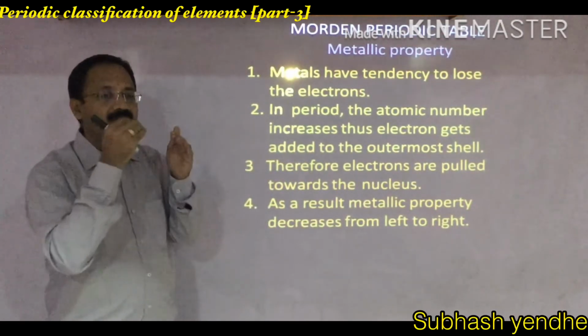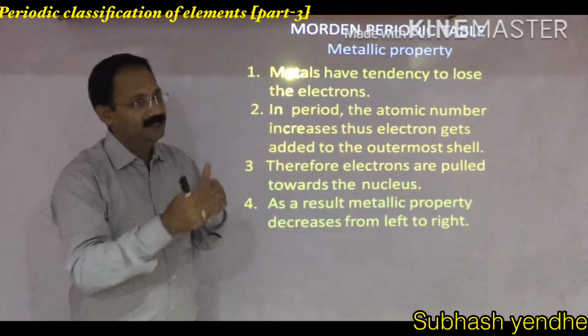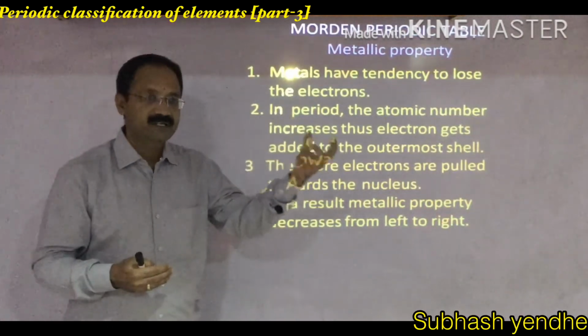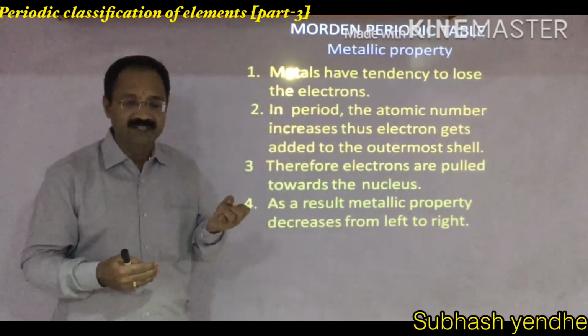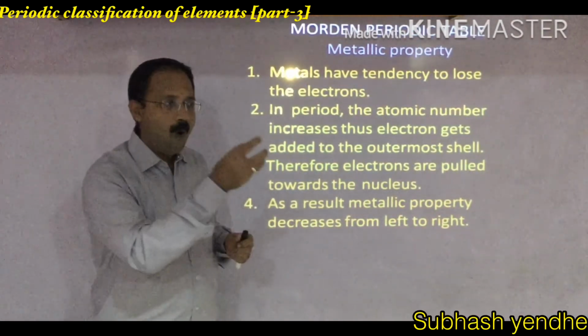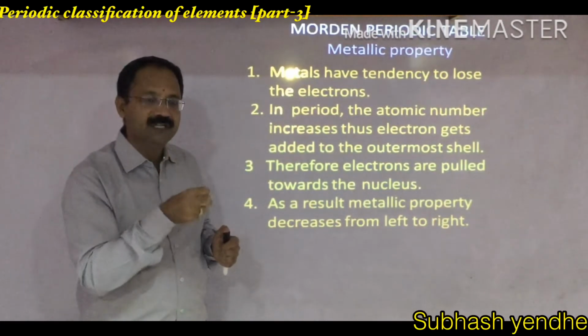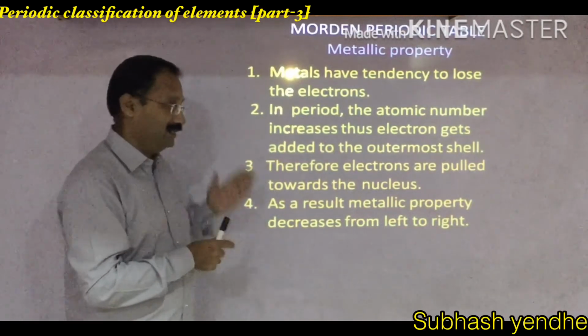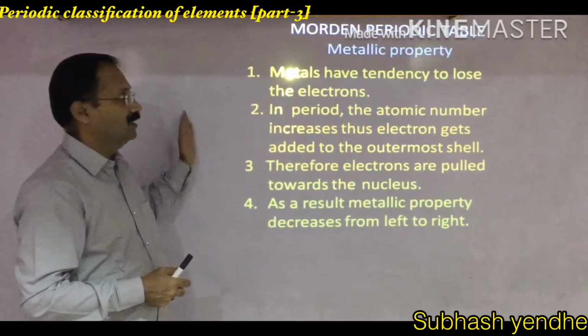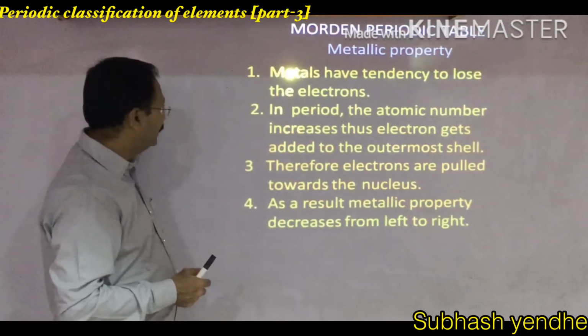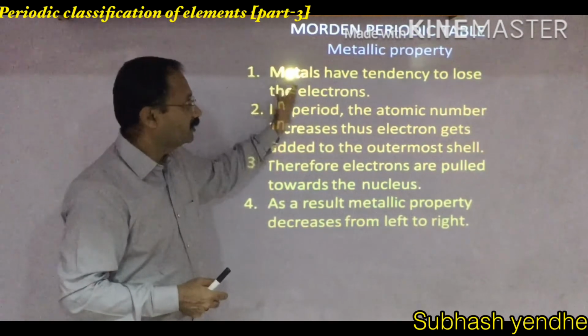And if the electron gets added, it means nuclear charge is added. If the nuclear charge is increasing, therefore all the electrons get pulled toward the nucleus to a great extent, and therefore, the same thing about the metallic property and atomic size, it is decreasing from left to right.